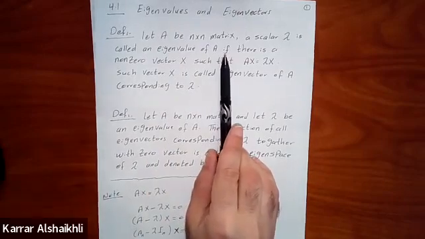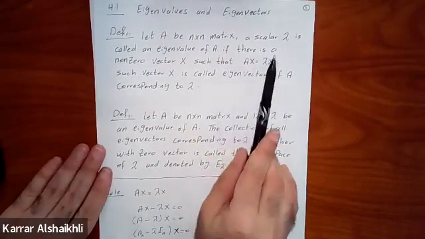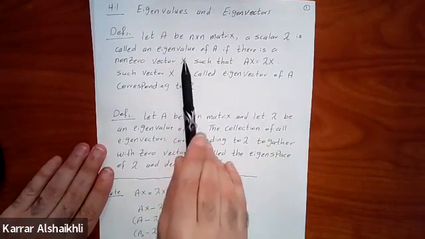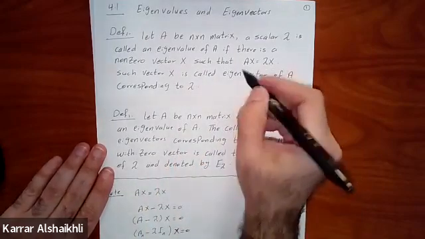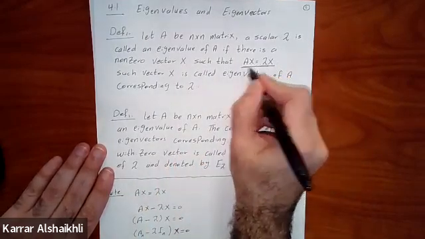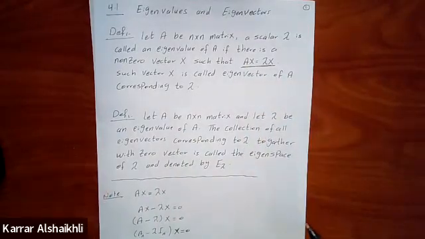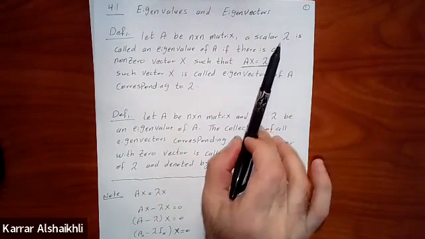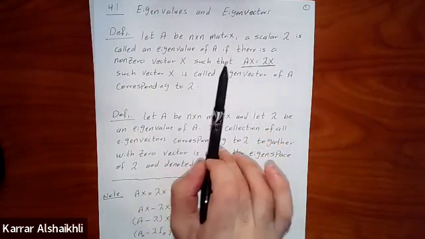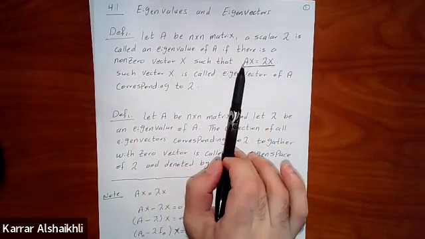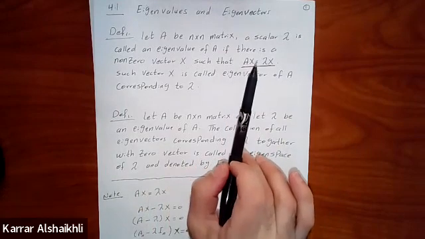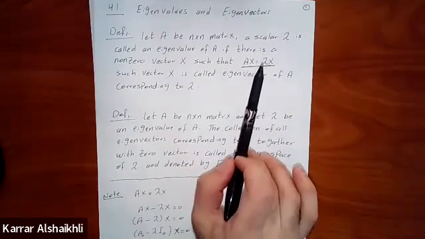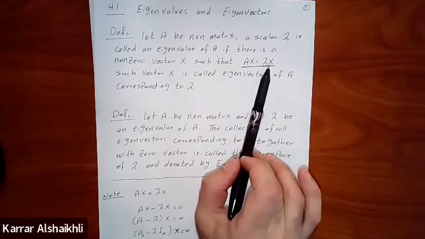How are we going to find this eigenvalue? If there is a non-zero vector x such that, here's the important condition, the matrix A times the vector x equals lambda, this scalar, times the vector x.